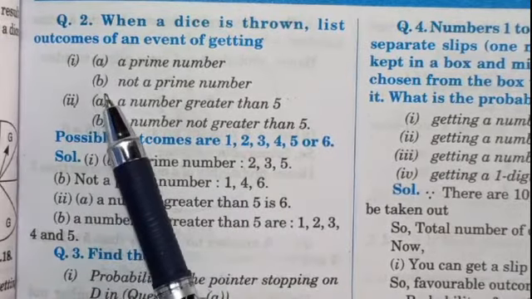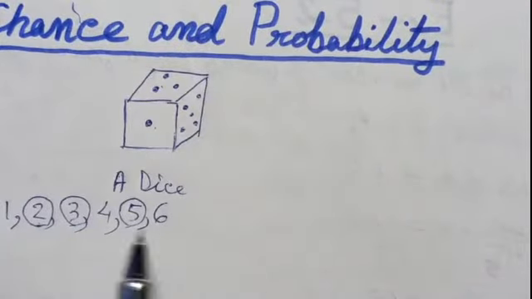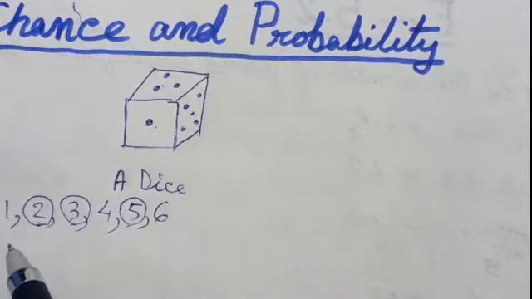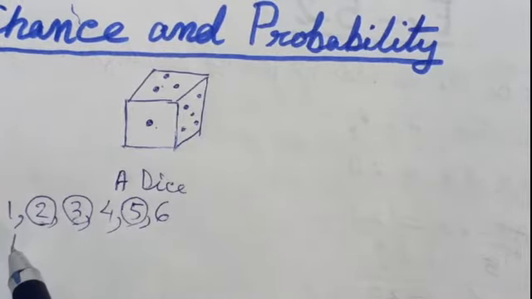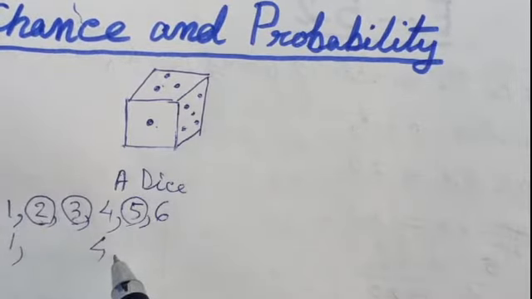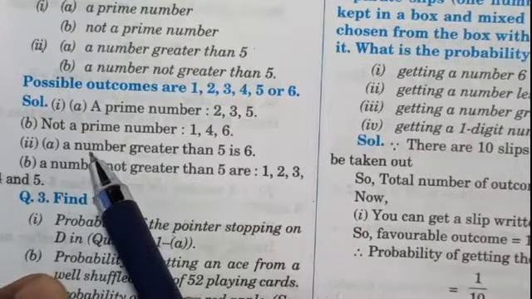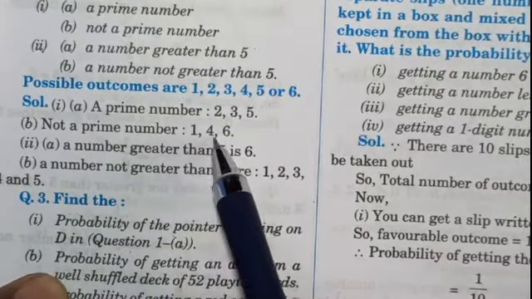Next is B, not a prime number. Here, the numbers which are not prime are 1, 4, and 6. So the outcomes are 1, 4, 6.